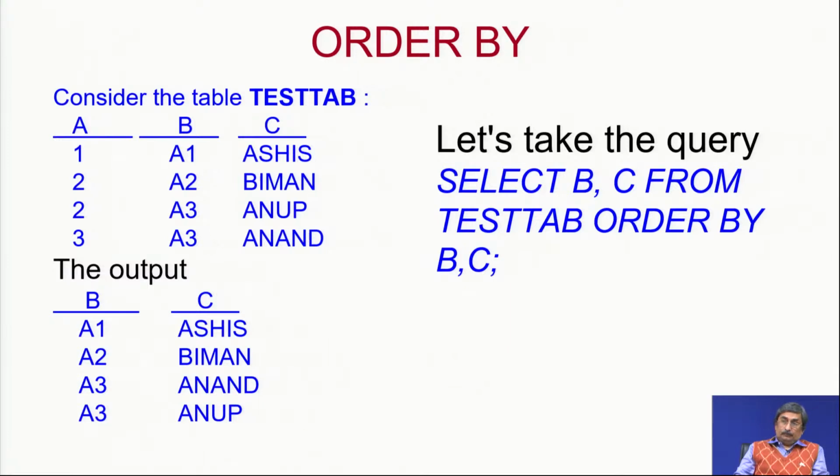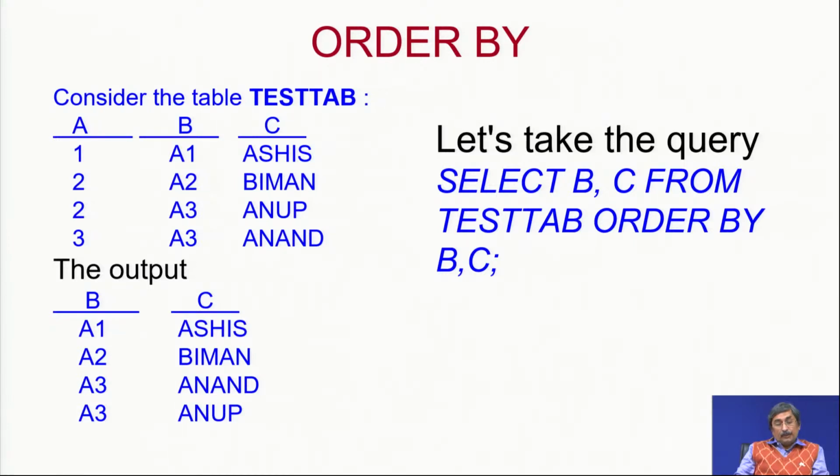A3 Anup, right. It is similar to looking up in a dictionary, where if I have 2 words, left and leaf, then leaf will come before left, but leaf and left will come much before mankind, because mankind starts with M, right.